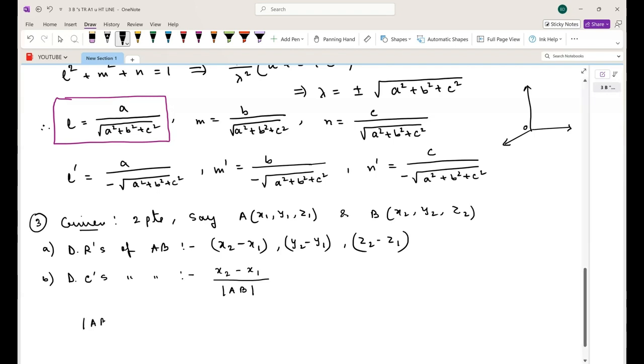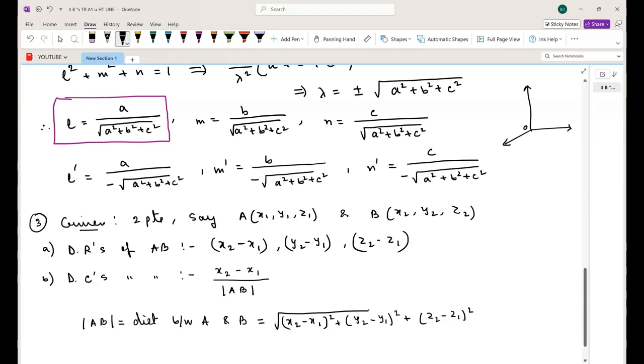This means the distance between A and B, which you know is given by the distance formula in 3D from class 11: the square root of x2 minus x1 whole square plus y2 minus y1 whole square plus z2 minus z1 whole square.